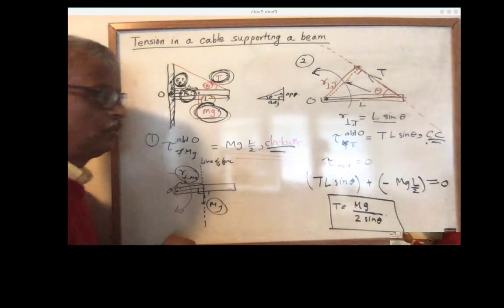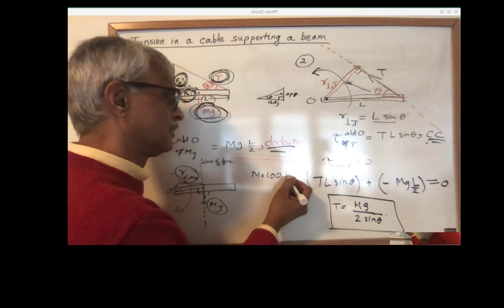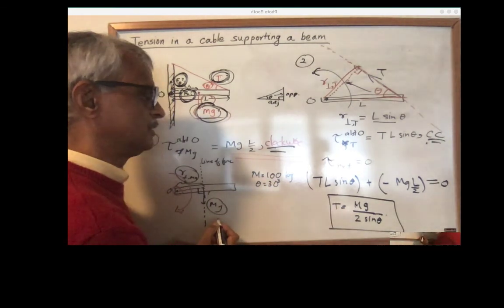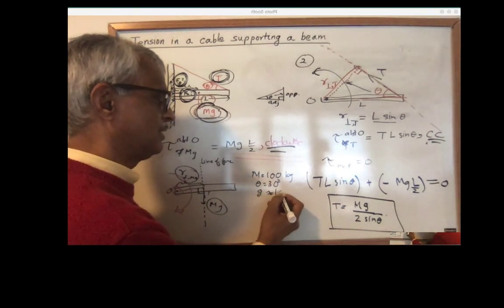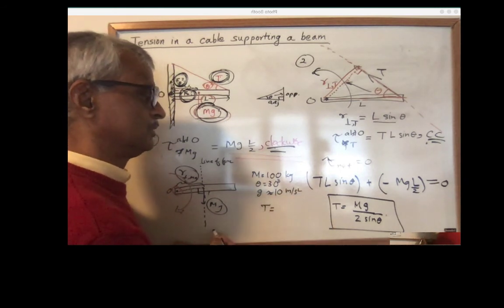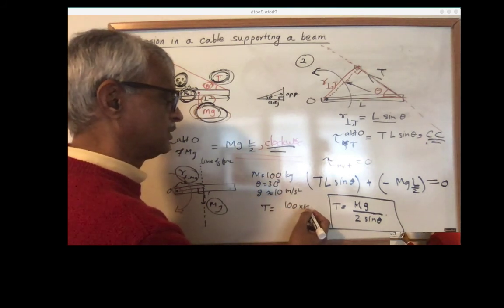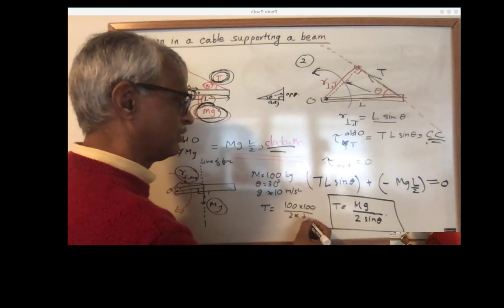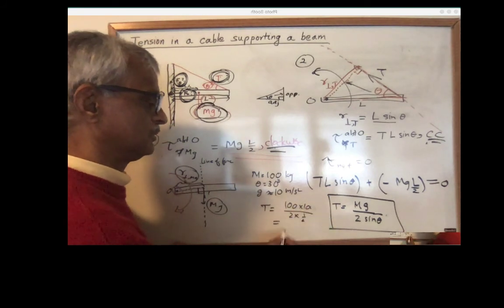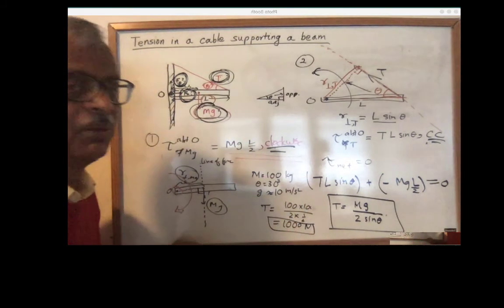If I had a numerical value, I'd put it in at this point. Say m was 100 kilograms, and say theta was 30 degrees, and g is 10 meters per second squared. Then I get T equal to 100 times 10, I'm sorry, not 100 times 100, over 2 times half. So 1000 Newton. That will be the answer if I had numerical values.